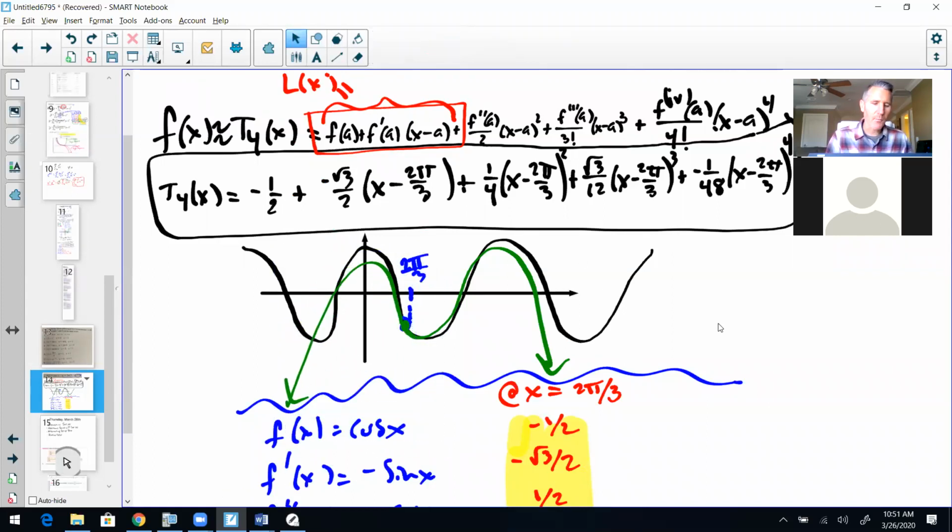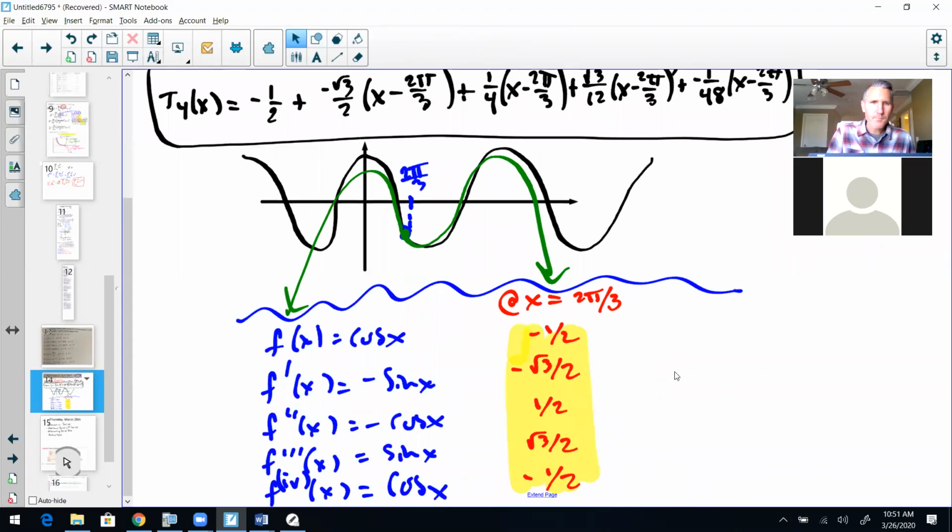Anyway, so that's going to mold nicely to the function for a decent distance away from where it's centered, but we don't really know. Again, they said interval of convergence, radius of convergence is not really going to be on this, so I'm just going to leave it like that.